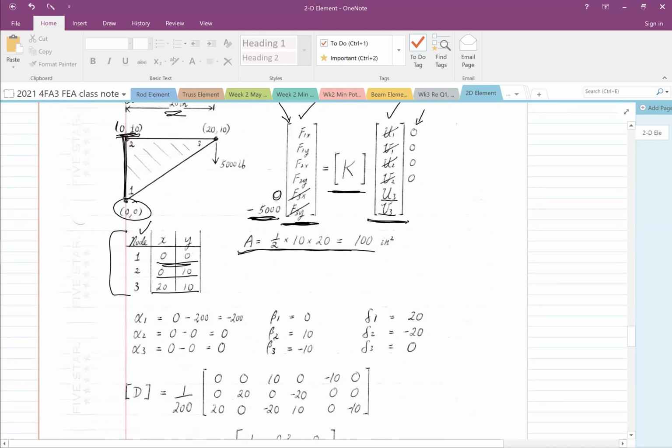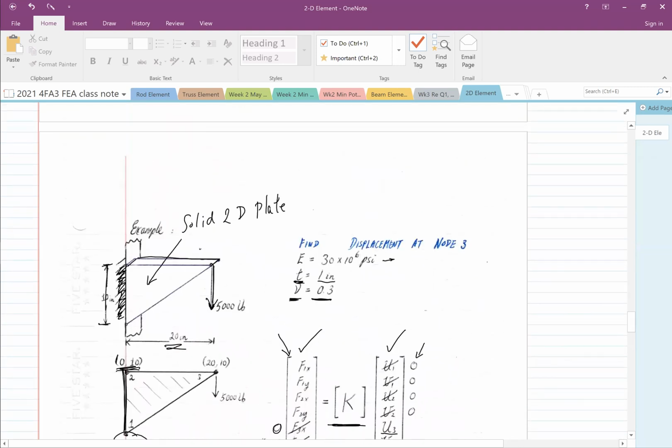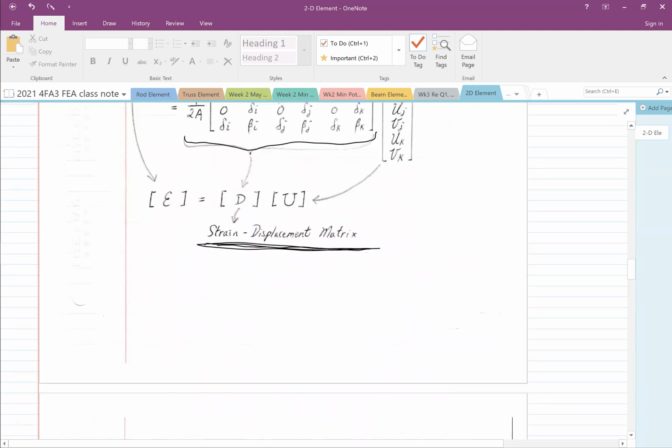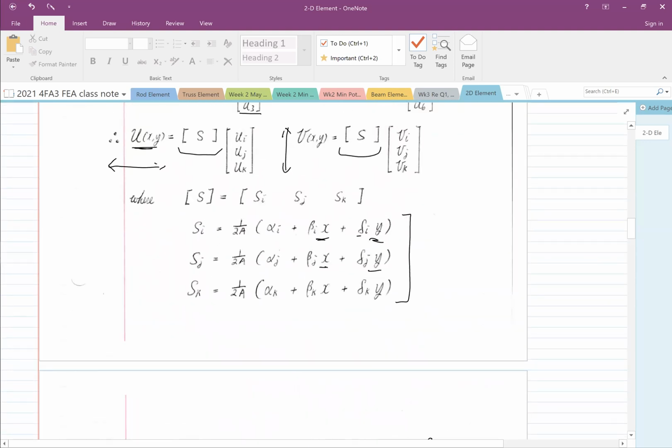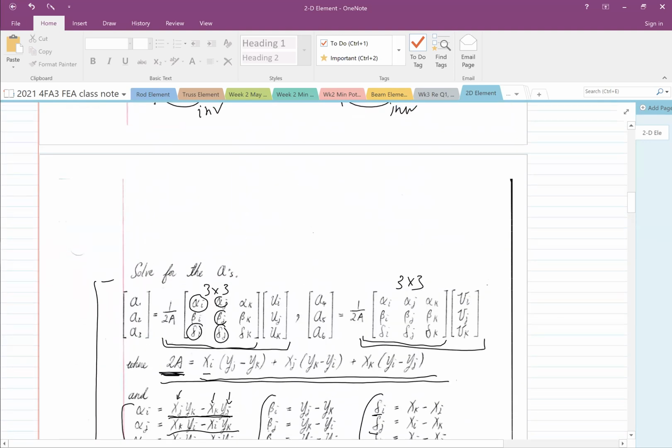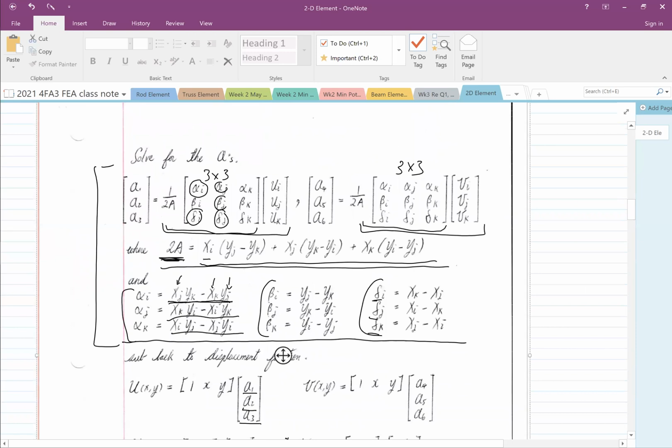Okay, the next step. Alpha 1, what is alpha 1? In this case, J is 2, K is 3.